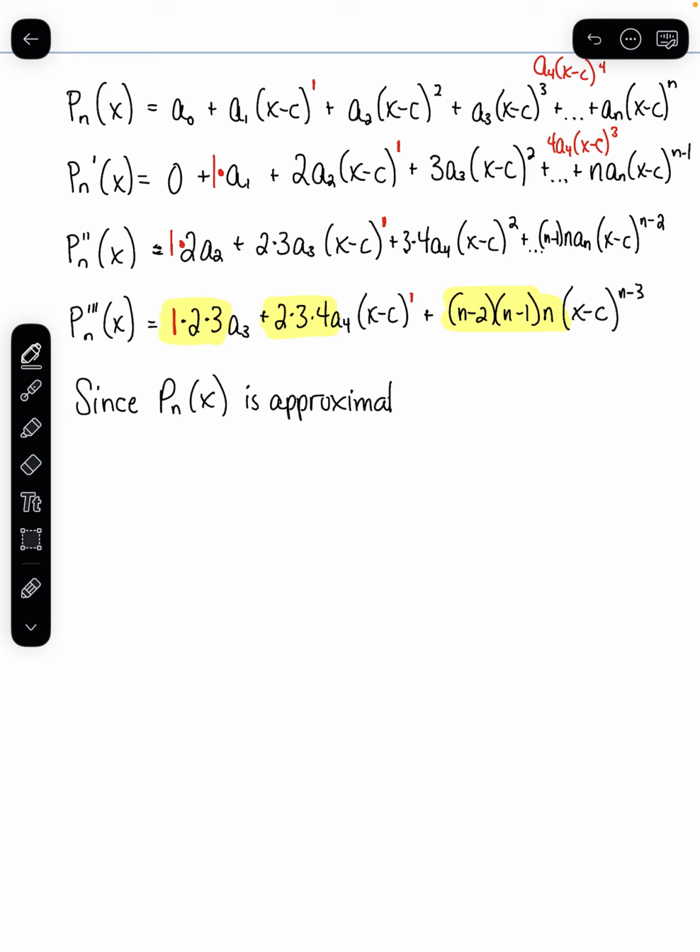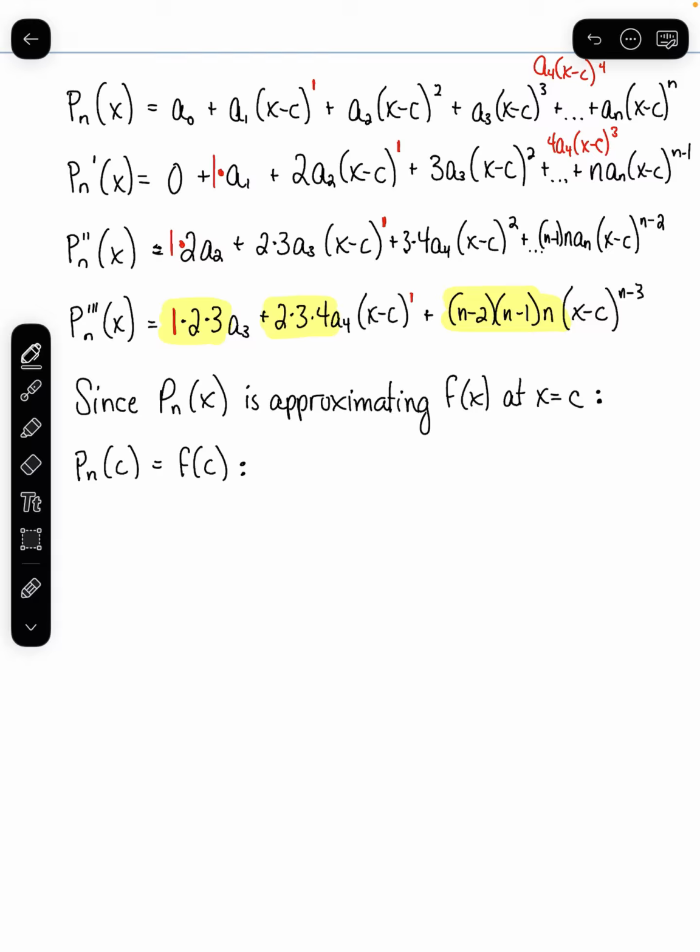So since the polynomial function is approximating the original function, let x equals c, we're going to substitute c for both of them. The idea is that at the target value, we are supposed to be matching what the function does.